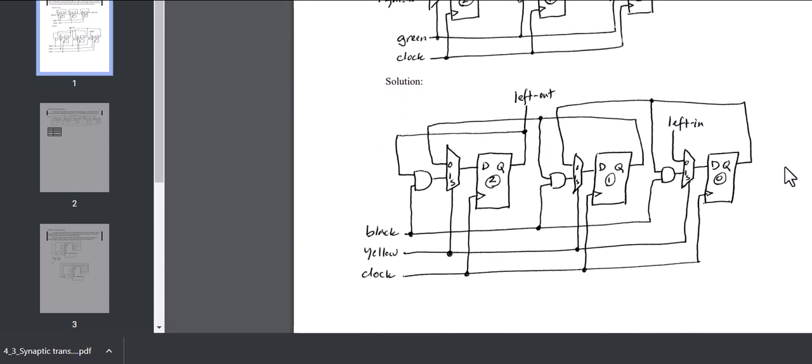Yeah, so that picture is a little neater than mine was. Not just a little neater, quite a bit neater.